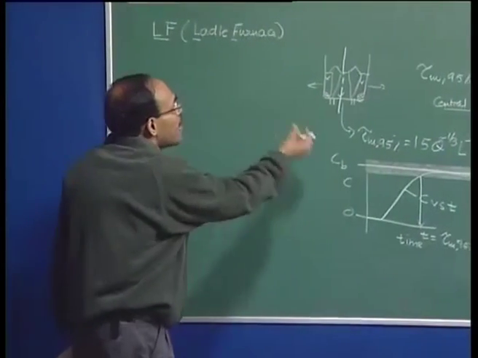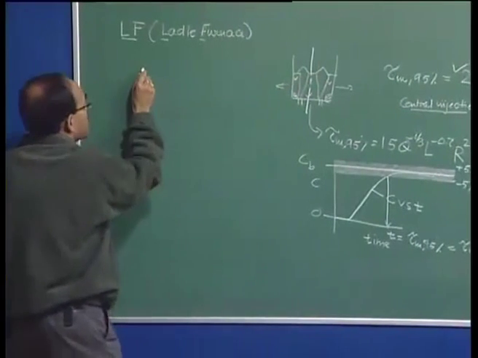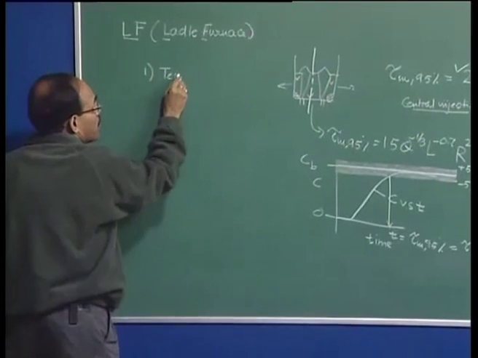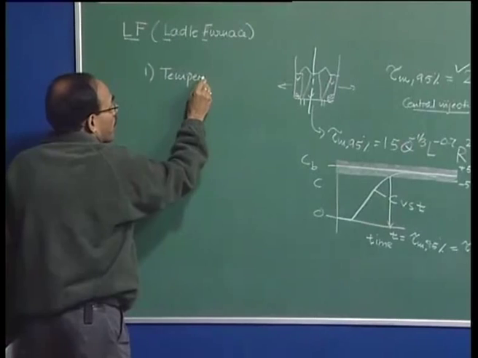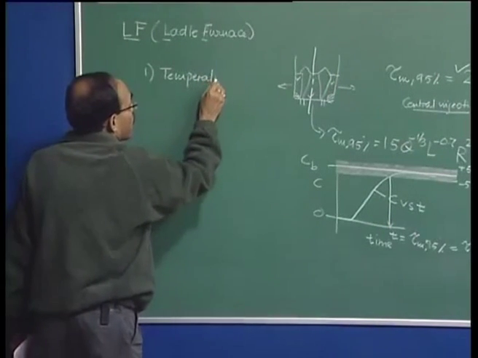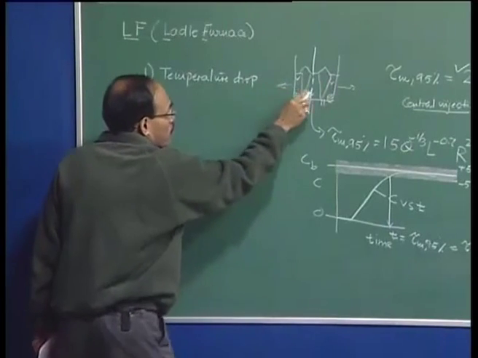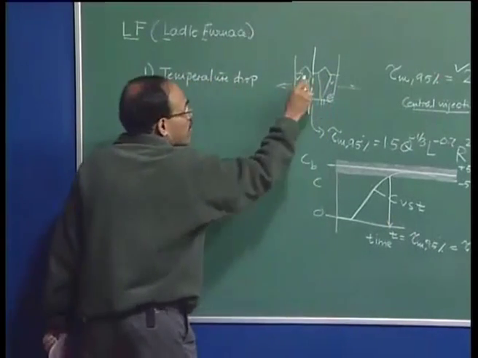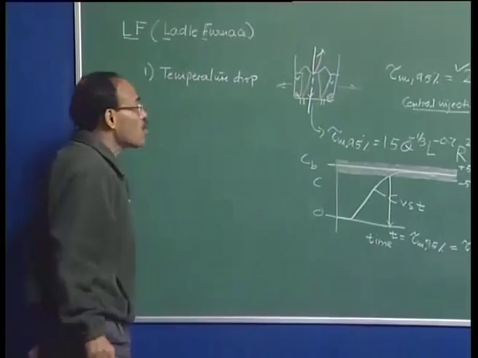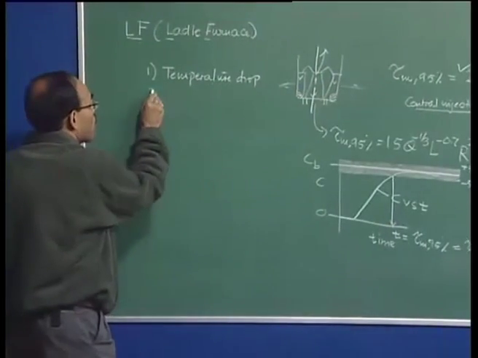First, there is a temperature drop because of heat loss through the ladle walls from all sides and the free surfaces. The heat is lost, and as a result the temperature drops.